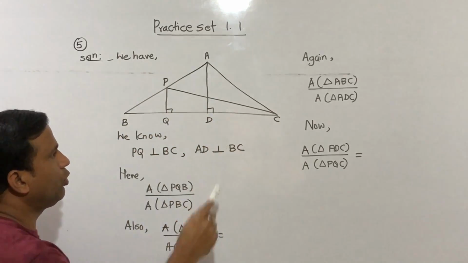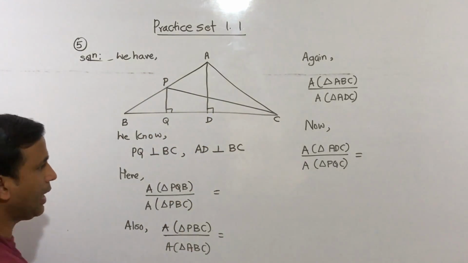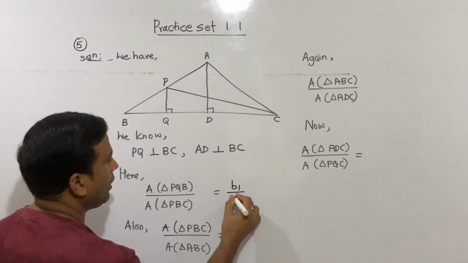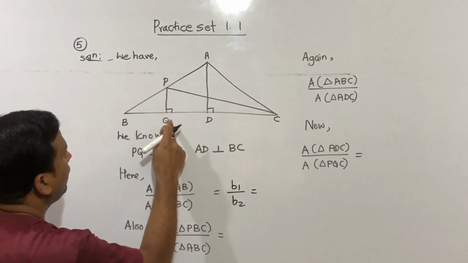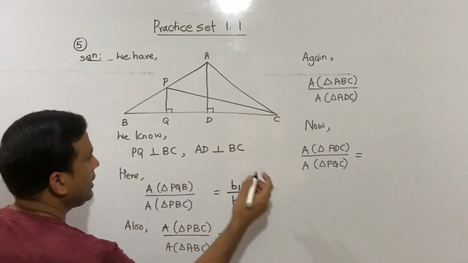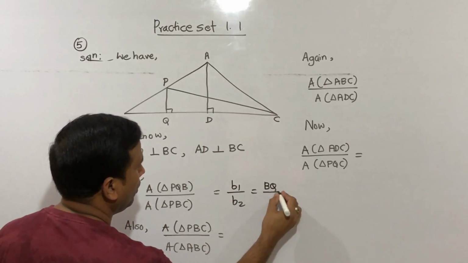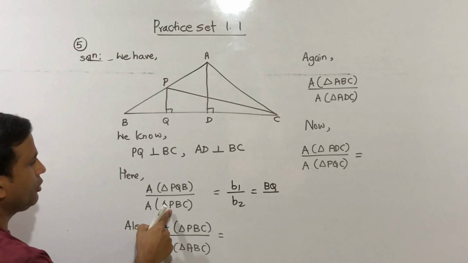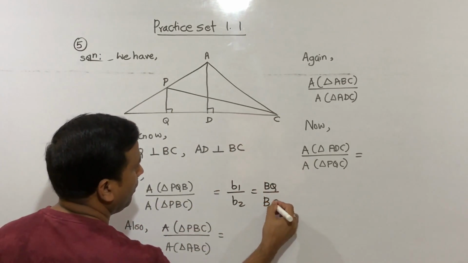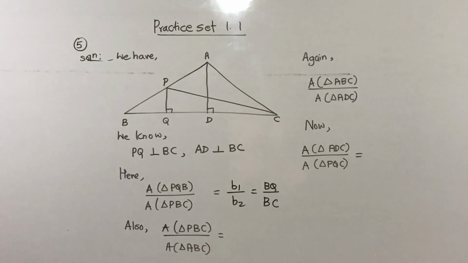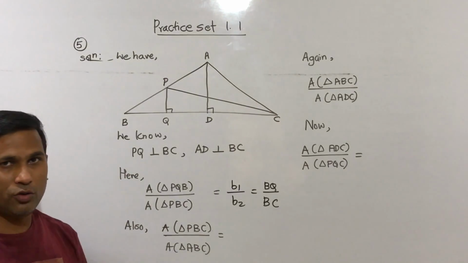If you observe both the triangles, their heights are equal, so you will get the ratio of their bases. The base of triangle PQB is PQ. Similarly, the base of triangle PBC is BC. So this way we got the first ratio.